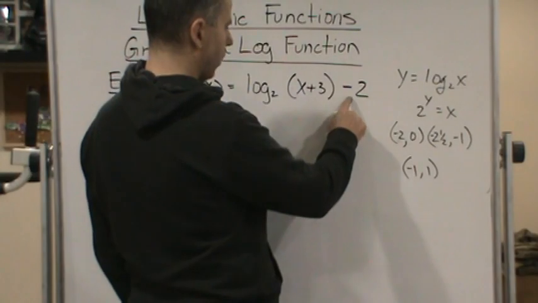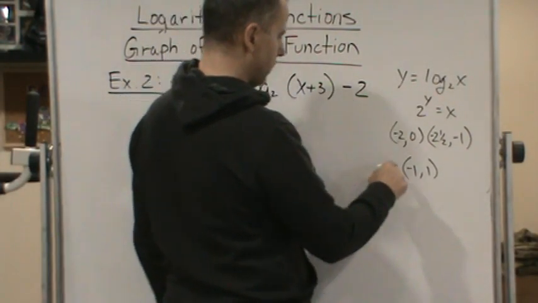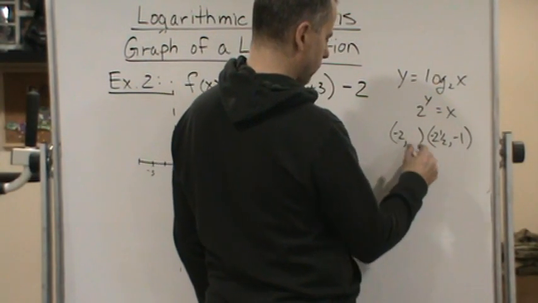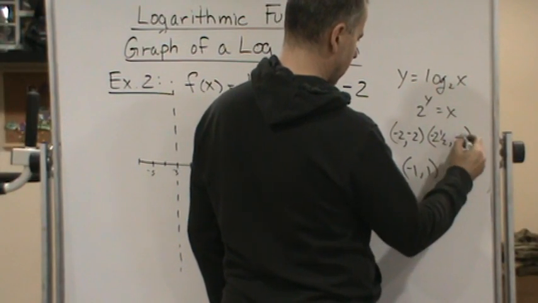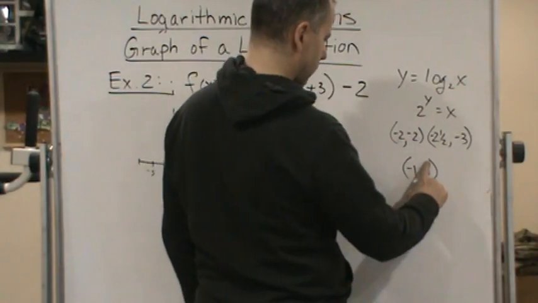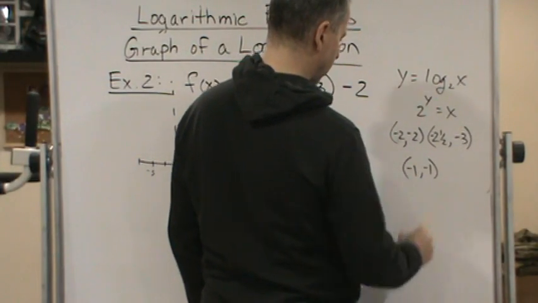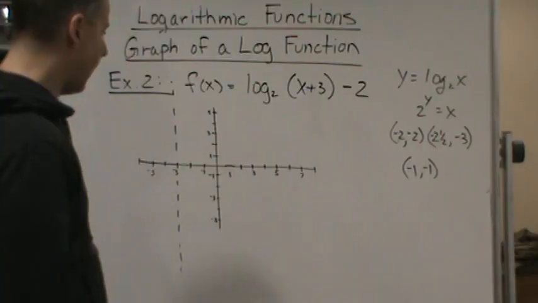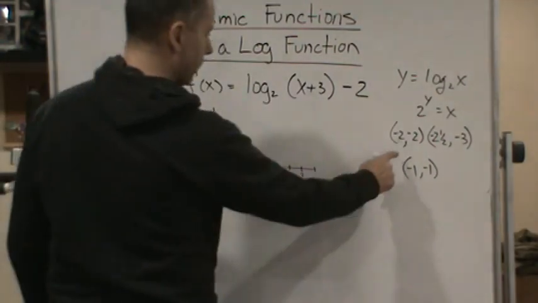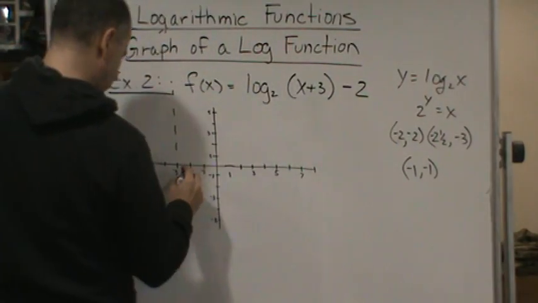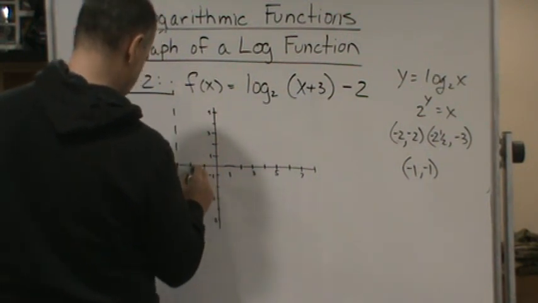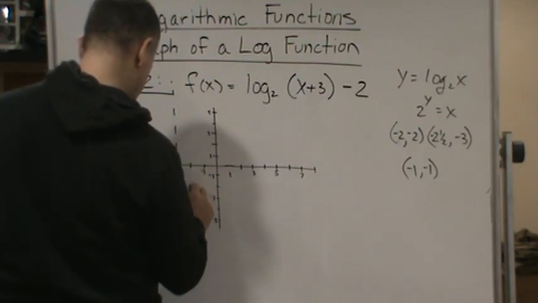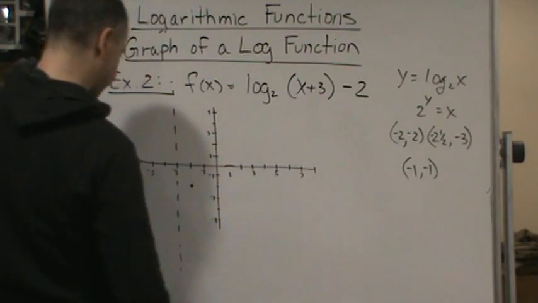Now we're going to go 2 units down. So that means we're going to subtract 2 from each of the y values. So that's going to be negative 2, this is going to be negative 3, and this is going to be negative 1. Now all we have to do is plot those 3 points. So negative 2, negative 2 is right about there.